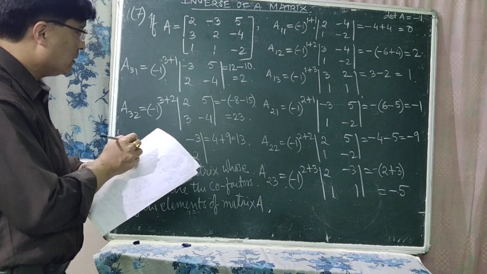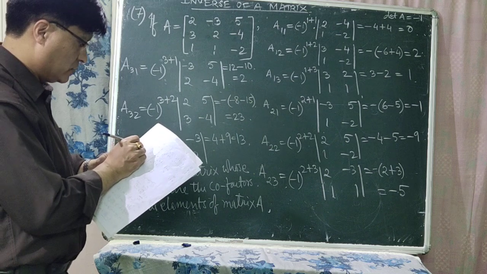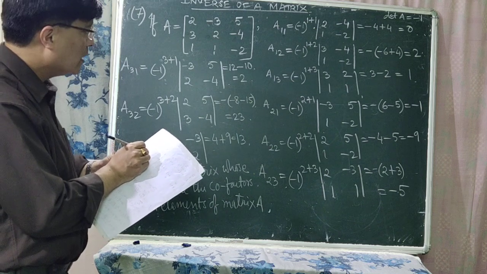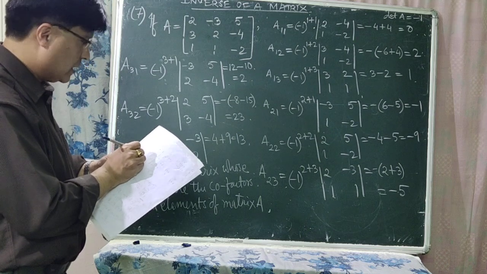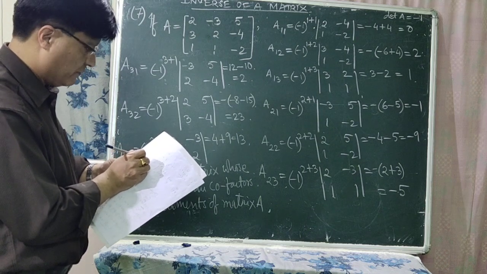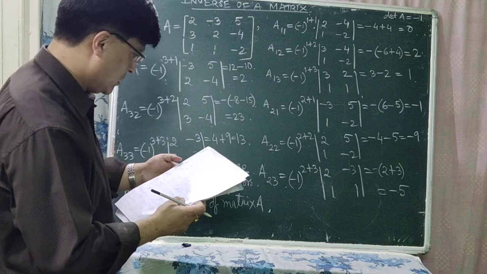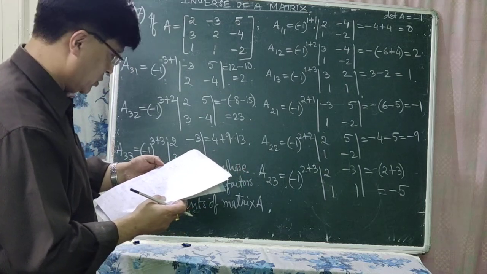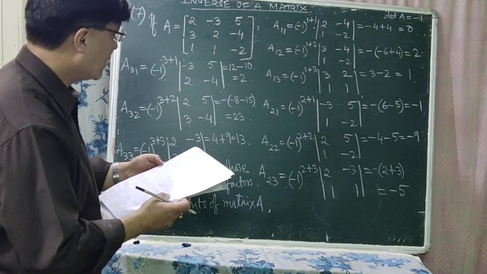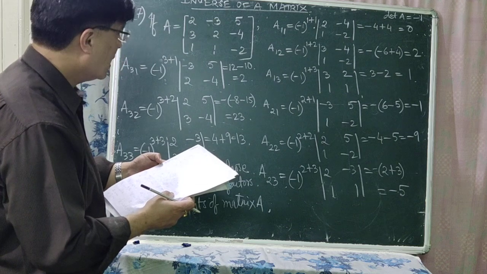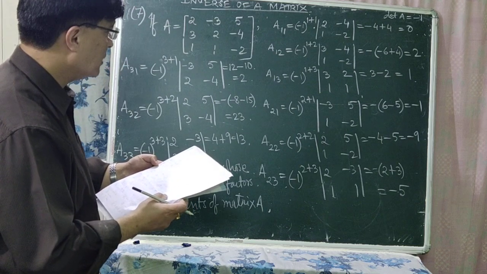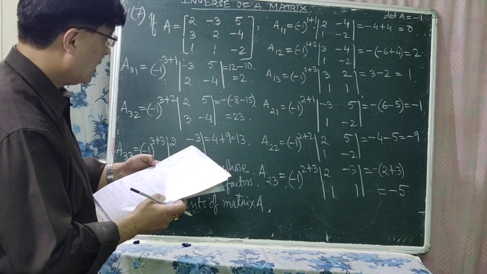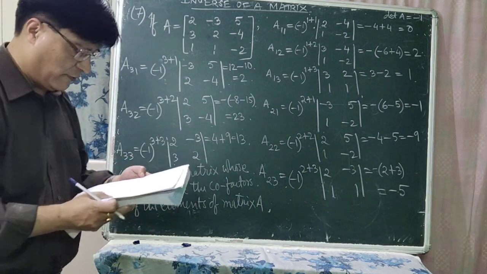It is minus 1. And what is A22? A22 is minus 9. And A23 is equal to minus 5.